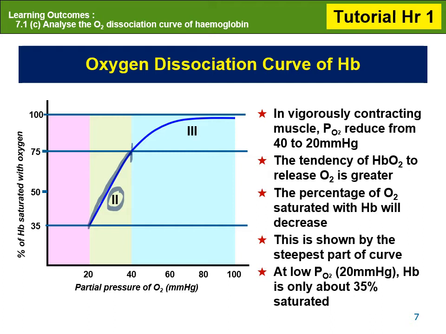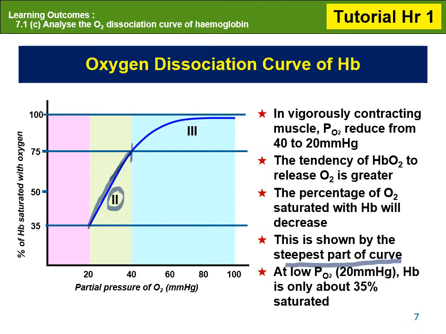So hemoglobin gives up most of its oxygen to the tissues. Okay, so this is shown by the steepest part of the curve. So here the percentage of hemoglobin saturated with the oxygen will decrease.